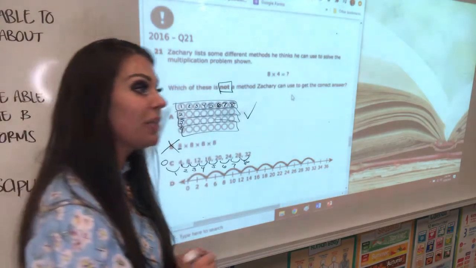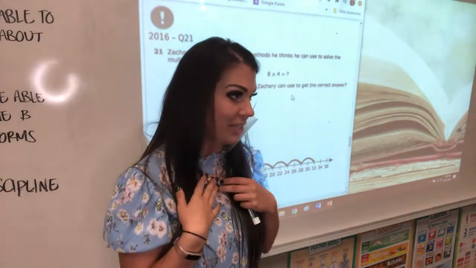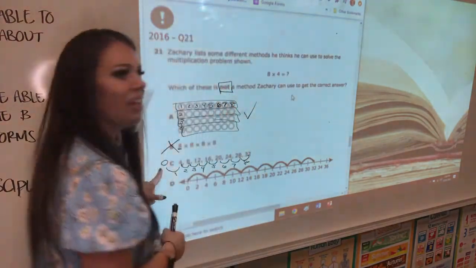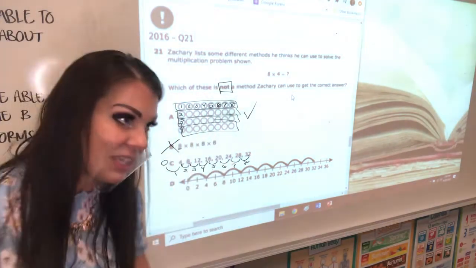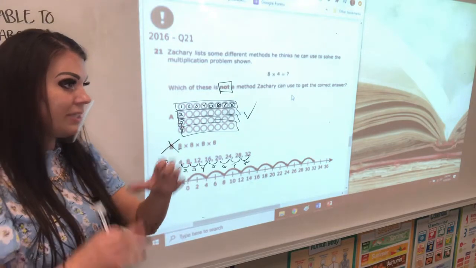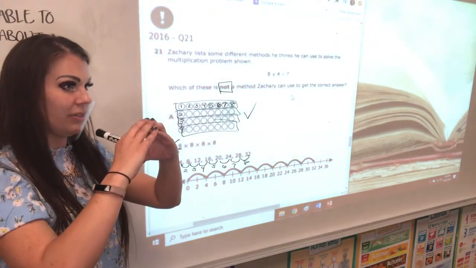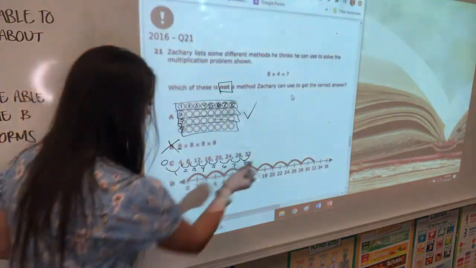So he did good, but you guys have to look out for little tricks like that, because even Miss Podlasky got tricked, right? I thought, oh, that one's wrong. But no, he started at 4, and so that's already a skip count once to 4, right? Because 0 groups of 4 would be 0. 1 group of 4 is 4. So this one's good too, Zachary.